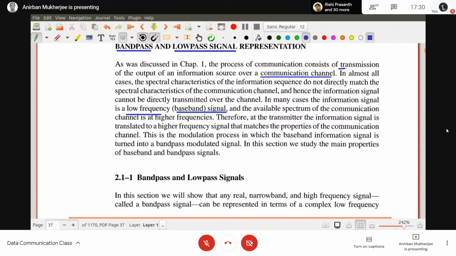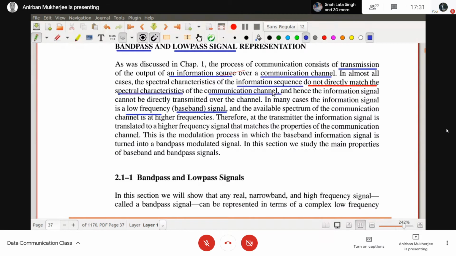And in almost all cases, the spectral characteristics of the information source or information sequence do not directly match the spectral characteristics of the communication channel.